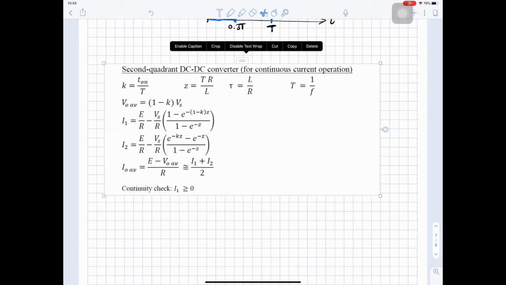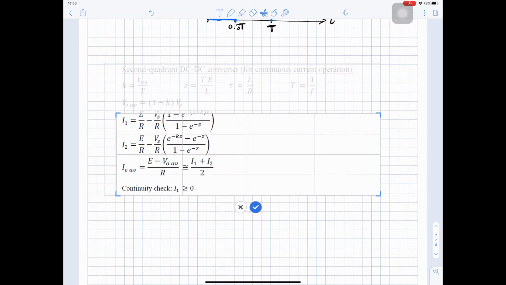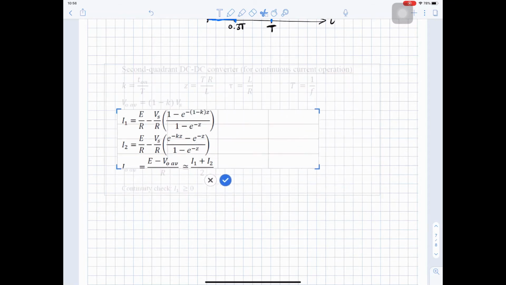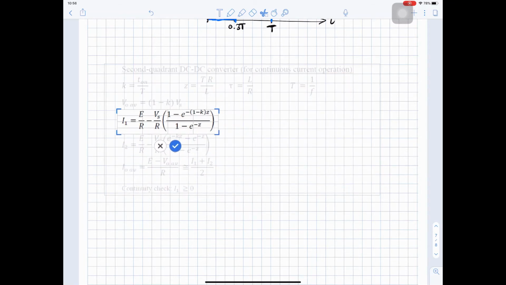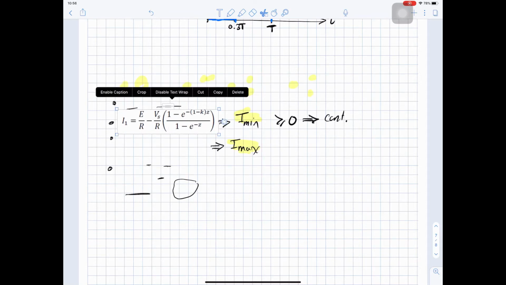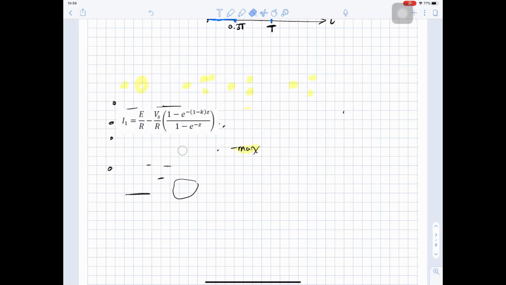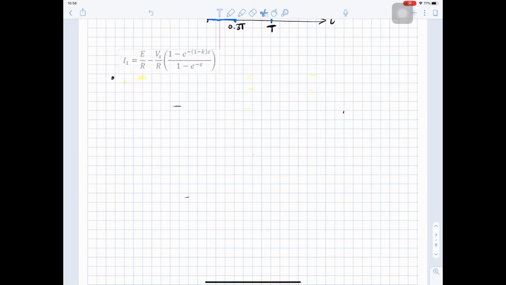So this equation will be in the formula sheet of the exam that I sent you. So this is the equation for I1. For continuity, what we should do, this equation has to be greater than or equal to 0.